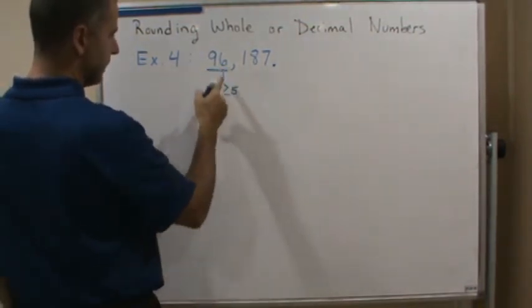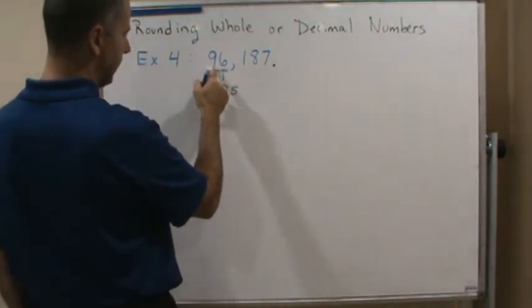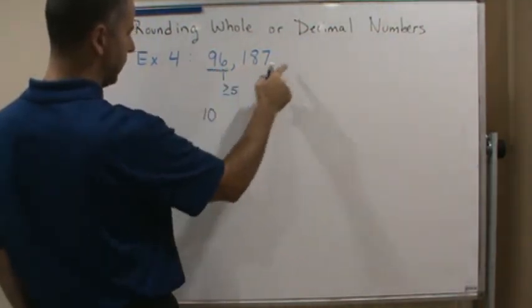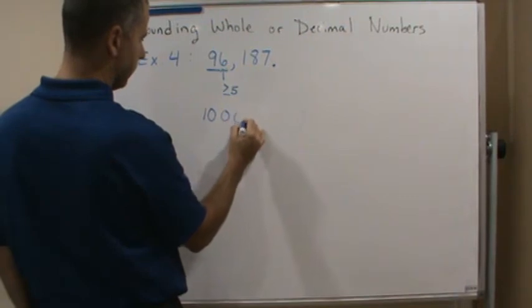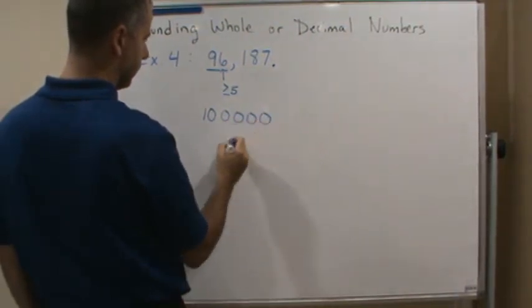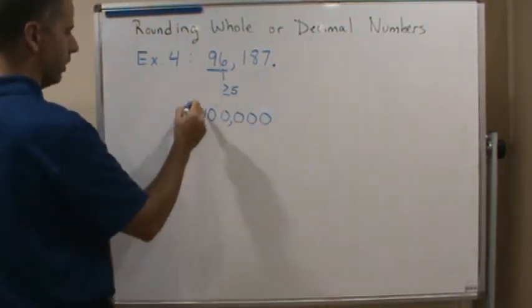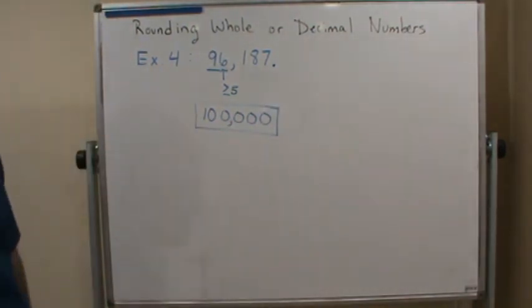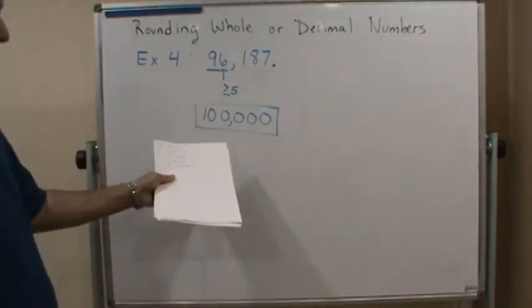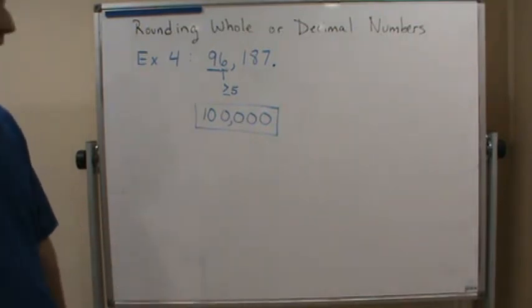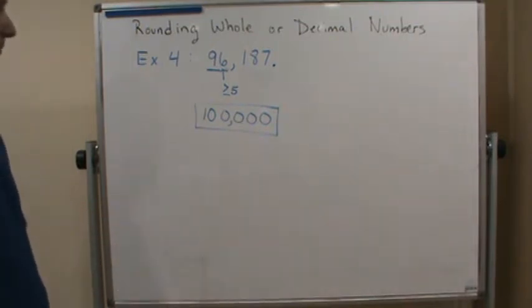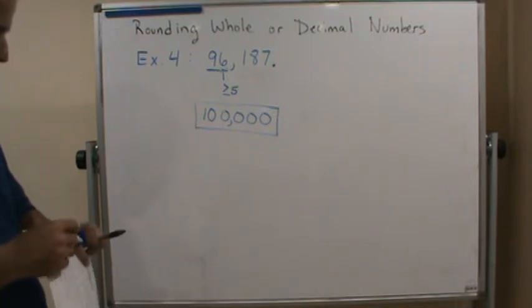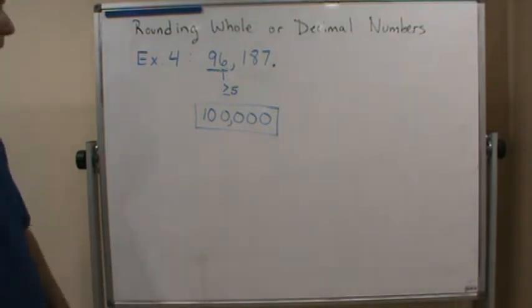All the digits between the 9 and the decimal point become zeros. And so, if we round to the nearest 10,000, the answer is 100,000. And that's it. So that's how you round whole numbers.